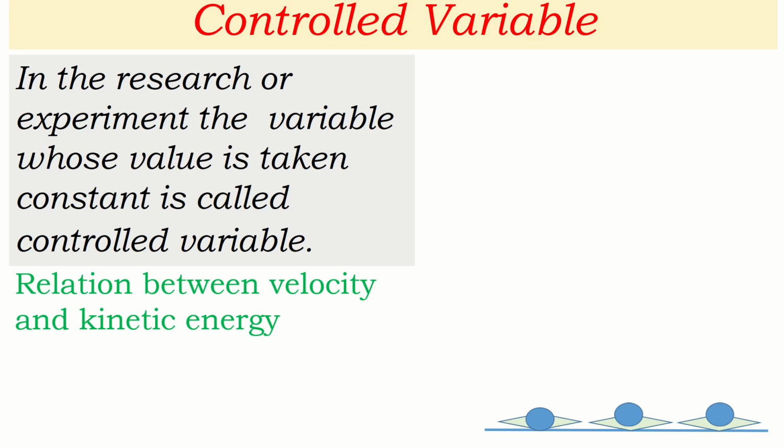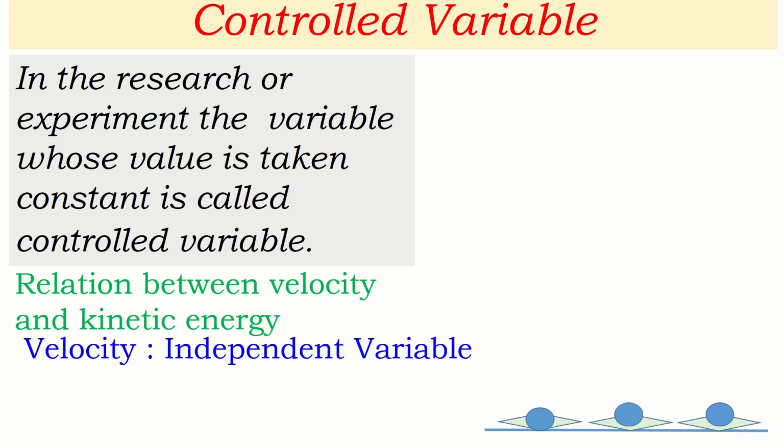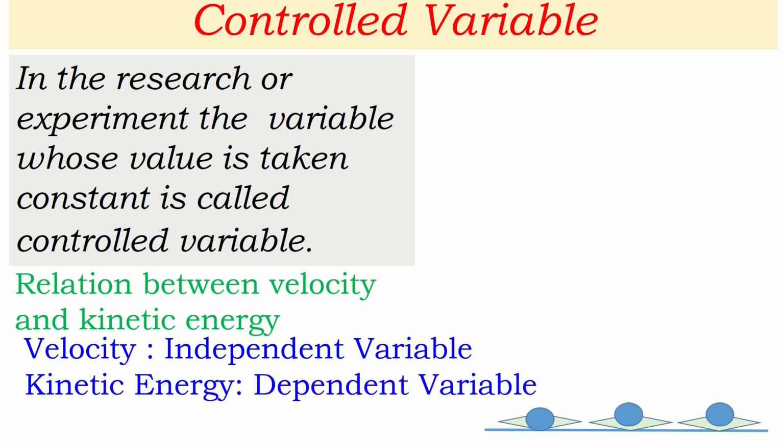That's why we can conclude that the independent variable is velocity, because we are increasing it. When it is dropped from more and more height, certainly velocity increases and we are manipulating the value of velocity. And because of this manipulation, what is found? Kinetic energy is found to be increased. It means kinetic energy is the dependent variable.